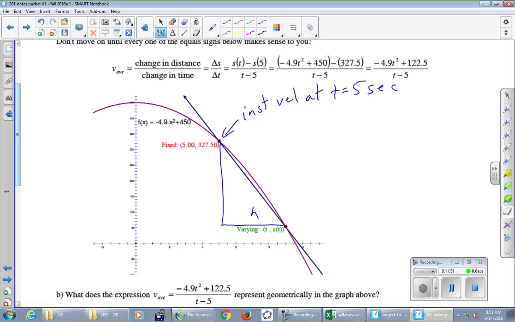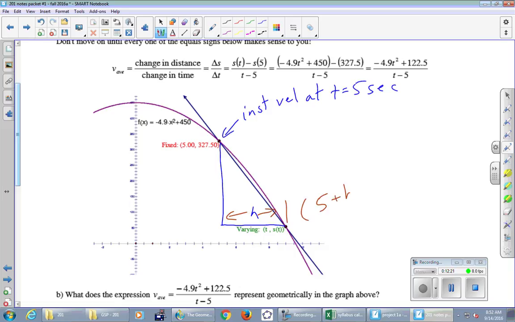And then we took this green point and moved it closer and closer and closer to the fixed point at 5. Secant line turned into tangent line, and that was our definition for instantaneous velocity at t equals 5 seconds. And you'll recall that one way we had to do this was to define h to be how far it is horizontally between the fixed point and the varying point. And so that made this point over here, what was this point?